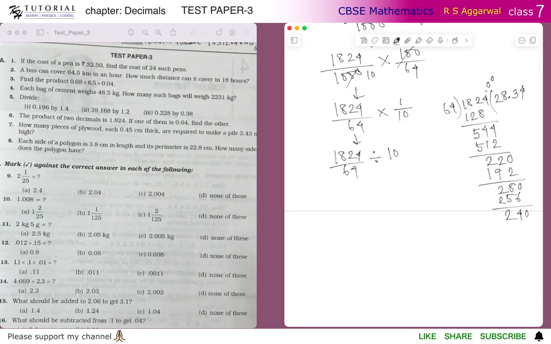I think instead of doing this long division, we should have first reduced the fraction 1824 by 64 to a lower term.